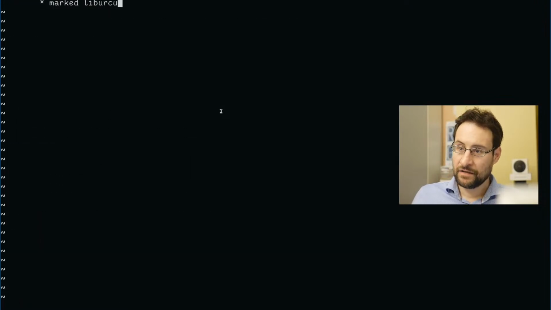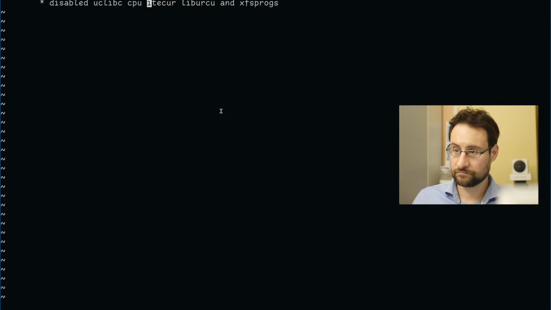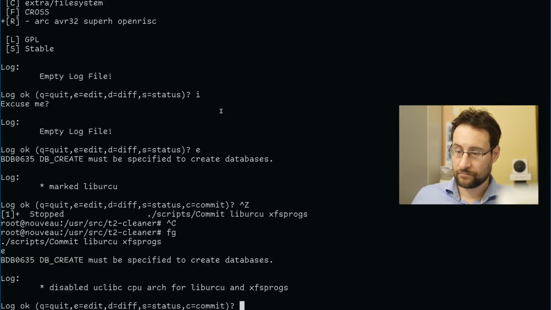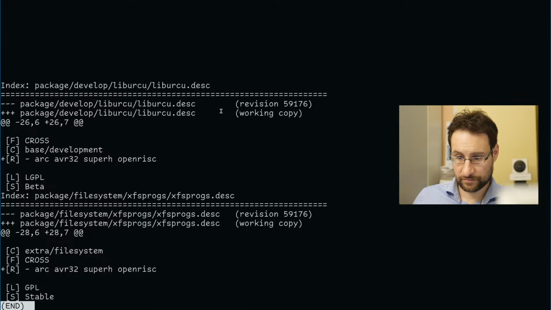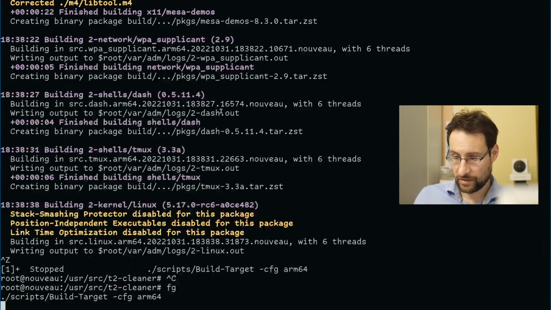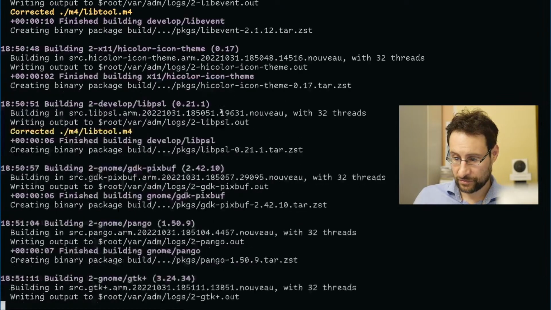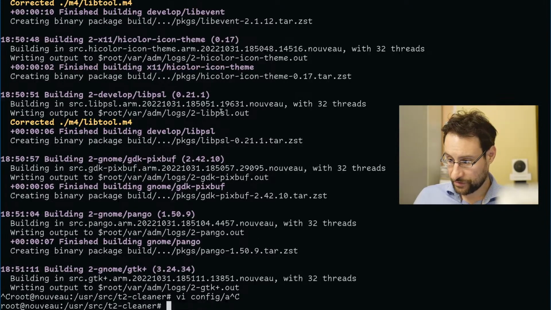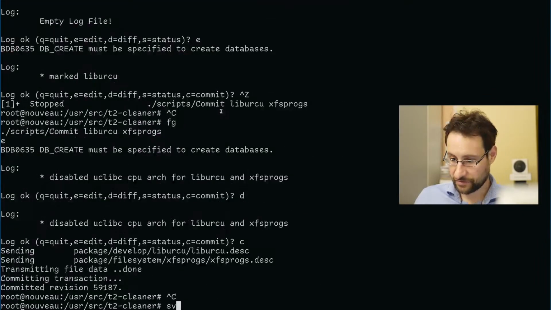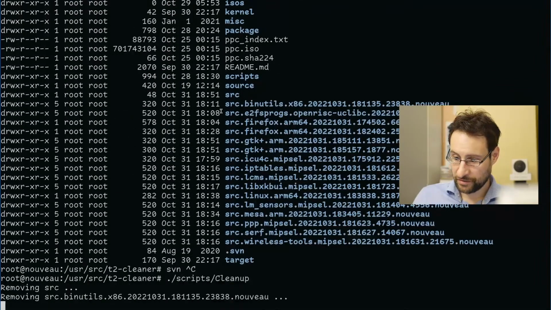Maybe it was. libusb and XFS, procs, or... so I currently don't build. That goes there. Actually, you know what? Or did I? Actually, this was 32 threads. So I Control-C'd that for nothing. I should read more often what I Control-C.